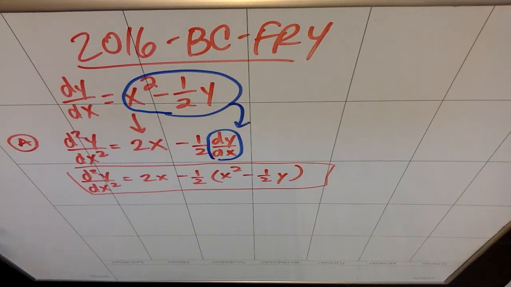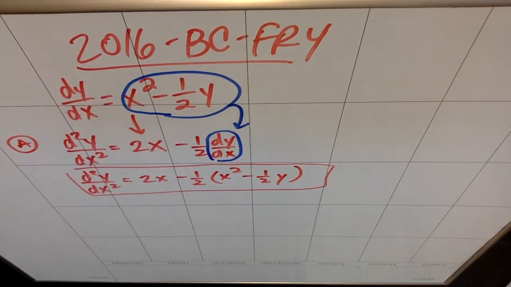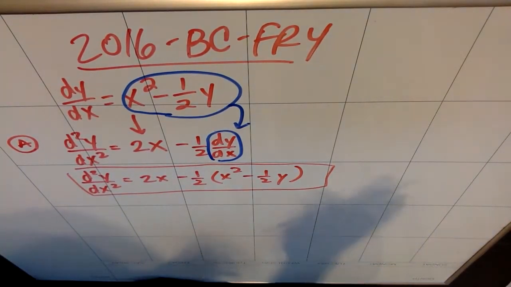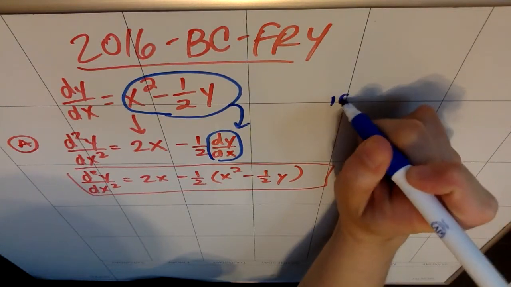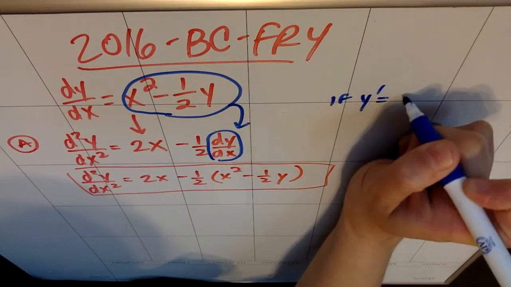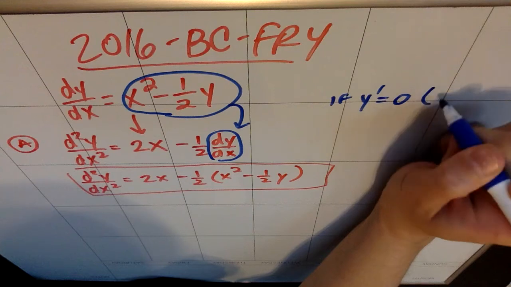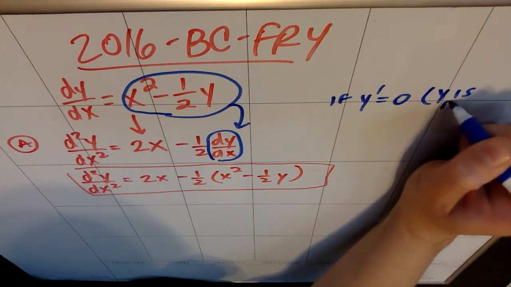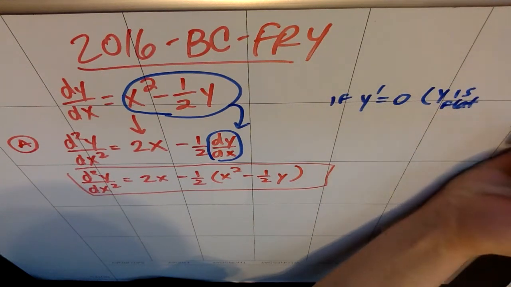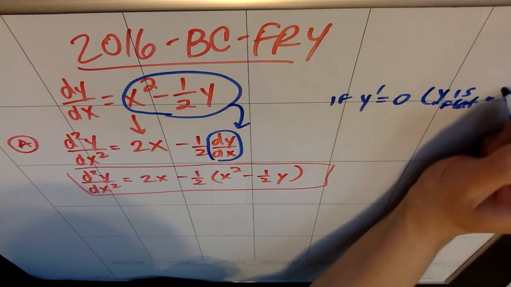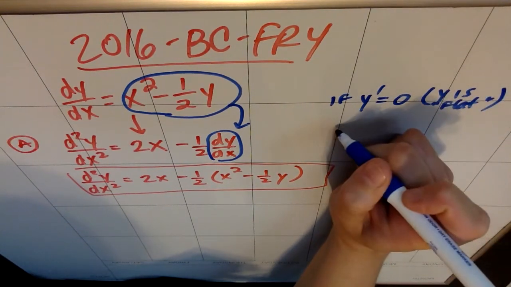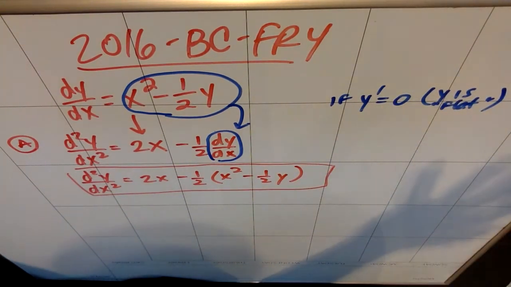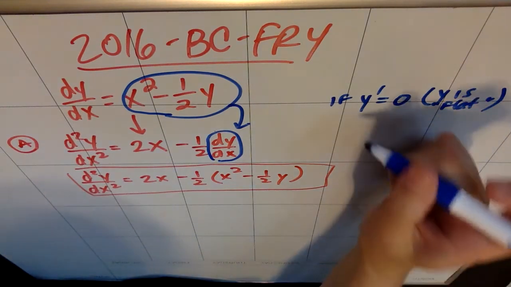Okay, so this is the classic second derivative test. Quick review: if you have a derivative y prime that is 0, meaning that y is flat, it has a horizontal tangent, like, for lack of a better way to say it, y is level or flat, then the sign of y double prime tells you whether the graph has a max or a min.